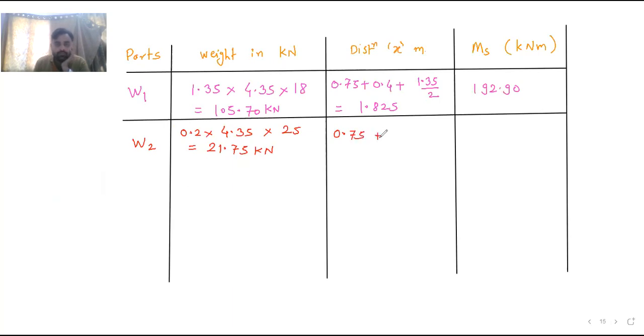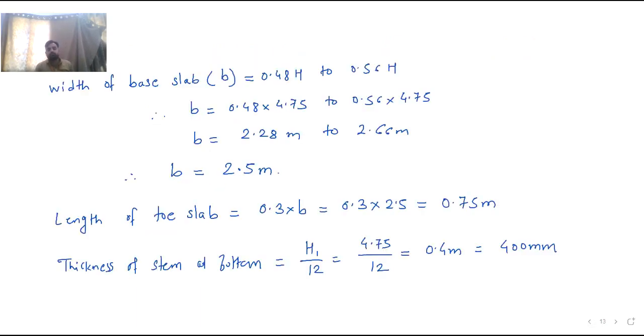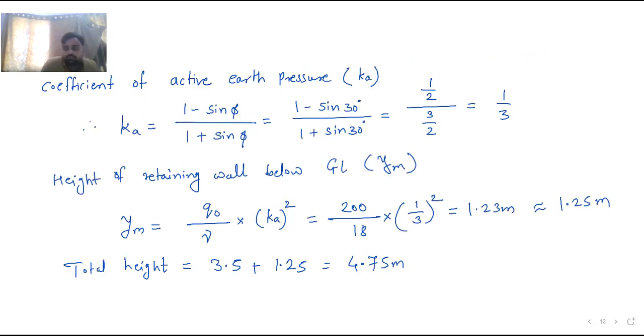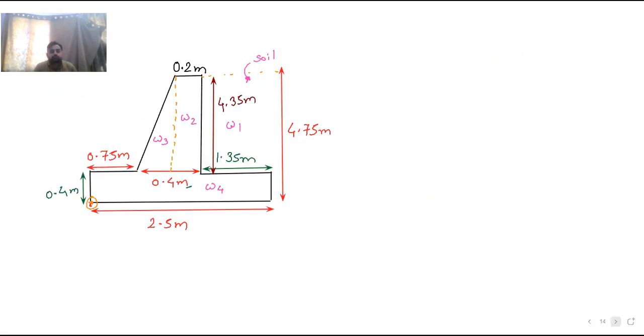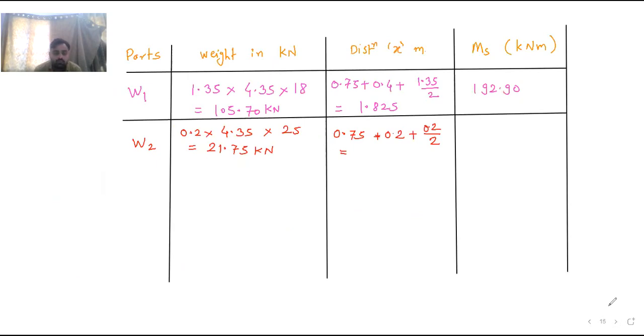0.75 plus 0.2 plus 0.2 by 2. What is the answer? 1.05.